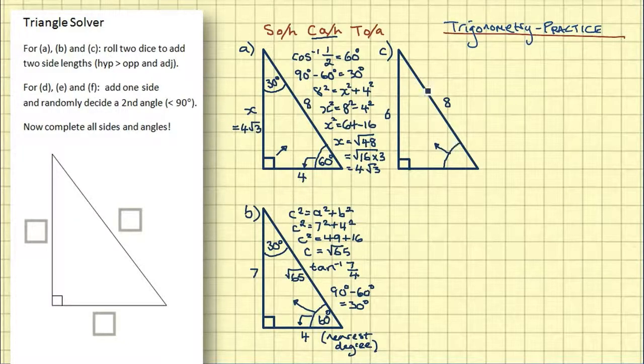We've got opposite over the longest side, which is 8. 6 over 8. Well, that's going to be 3 over 4, so I can immediately see that's 3/4 or 0.75. And if we've got opposite over hypotenuse, then we're talking about the sine function. So I'm going to take the inverse sine of 3/4.